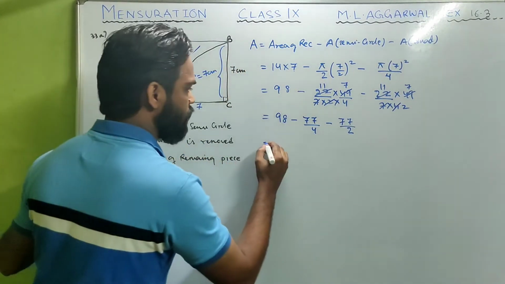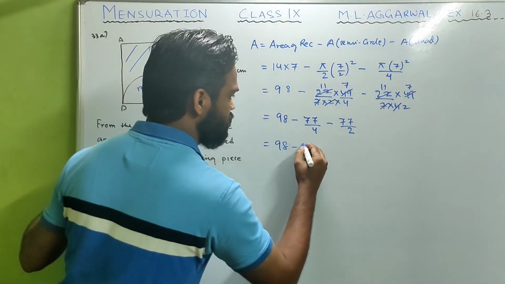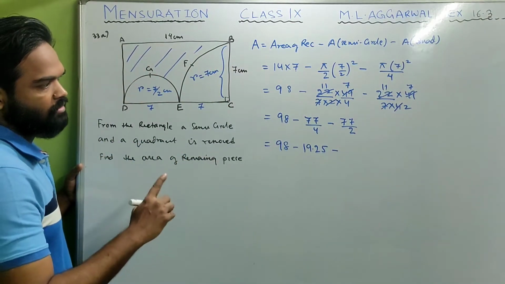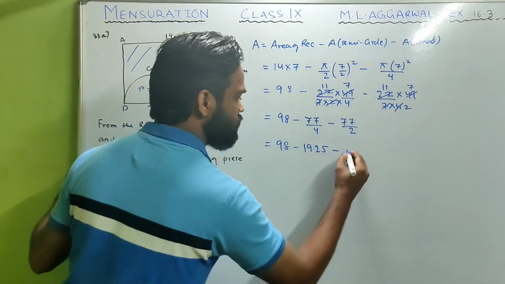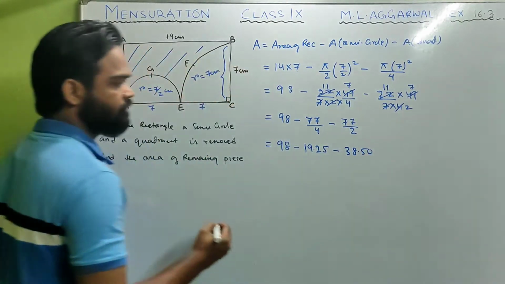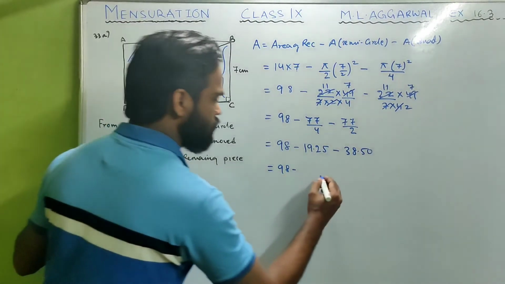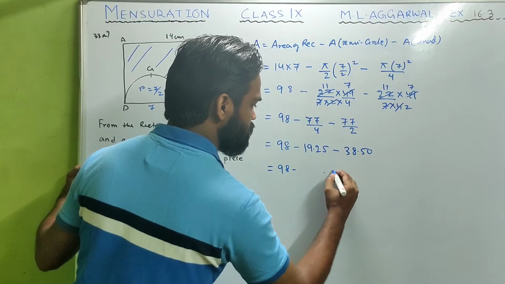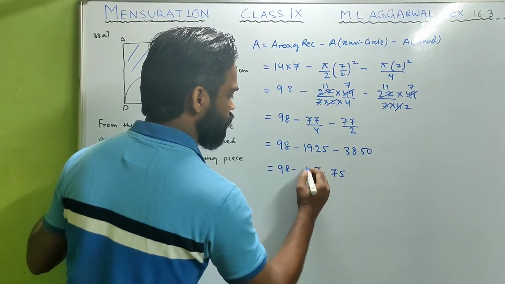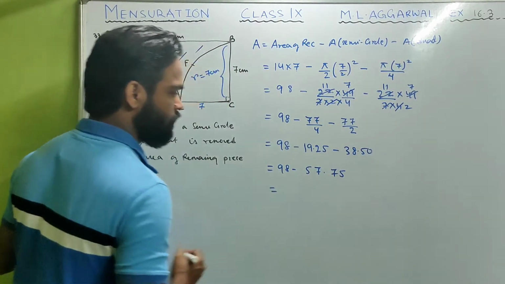Am I correct? So that's 77 by 4, it's 19.25, isn't it? And this is 3 times 8 times 50, isn't it? So you just calculate this. So this is 98 minus this is 57.75. Isn't it clear?